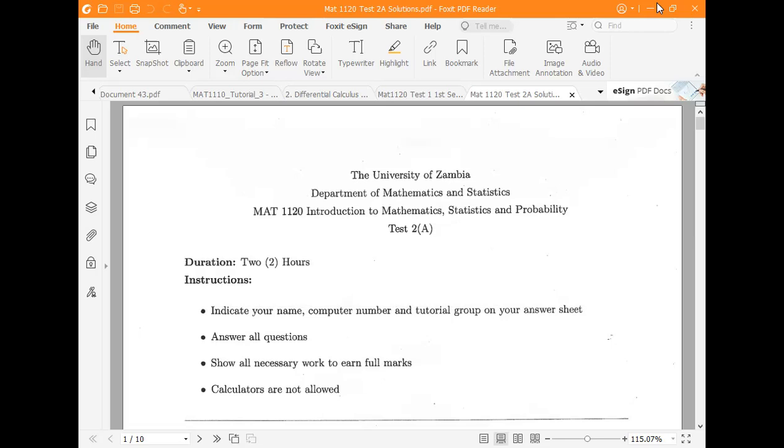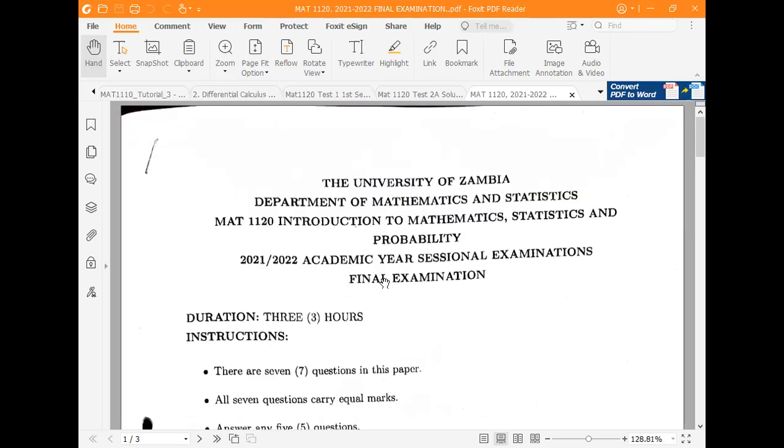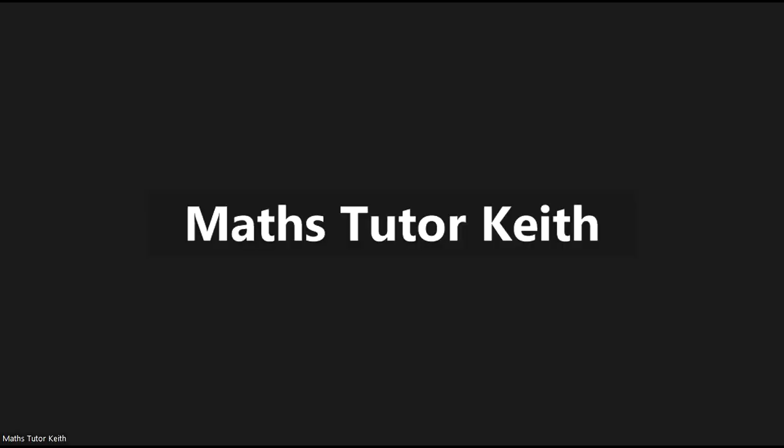Let me check if I can find. Okay, the exam, I don't have it here. But let me check the exam for the other year. So we're in the business of looking for the domain and the range of a function.